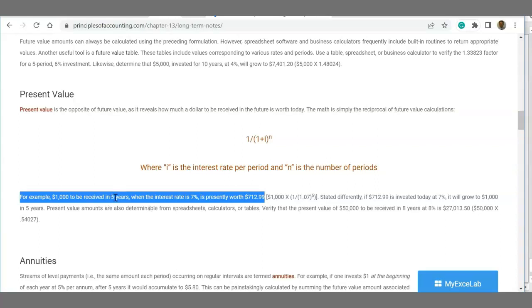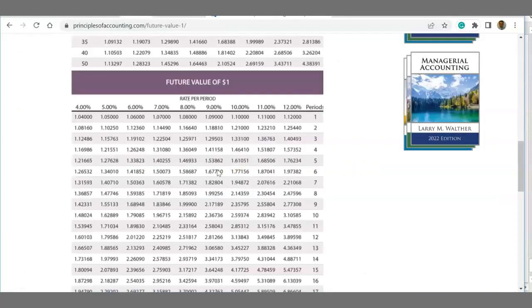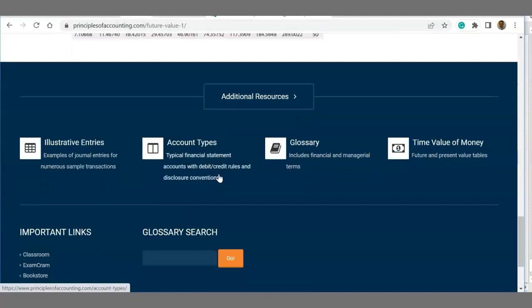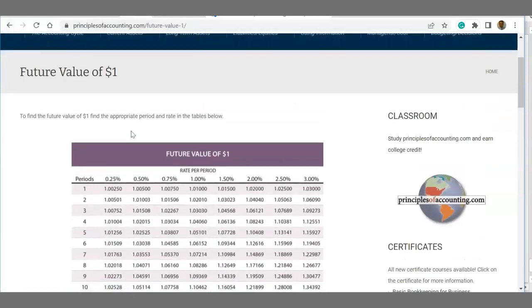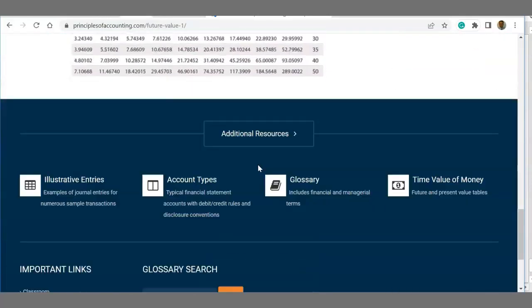So how do I know that? Here, 5 years, N is 5, I is 7. So you go to the table, not the future value, but let's see if I have other tables here somewhere.